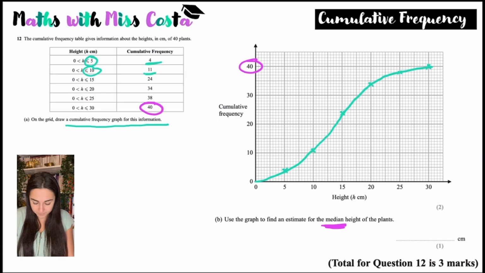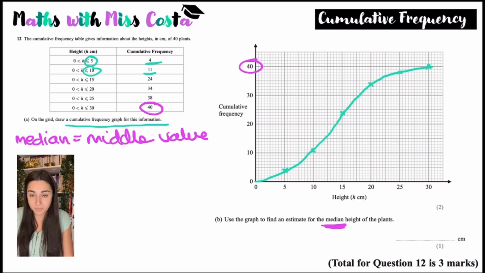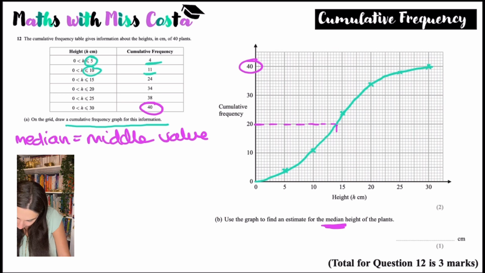So the median is the middle value. So half of 40 is 20. So what we do is we find the 20th term and we go across. So we go across to our cumulative frequency, and then we go down, and then we try and read it.